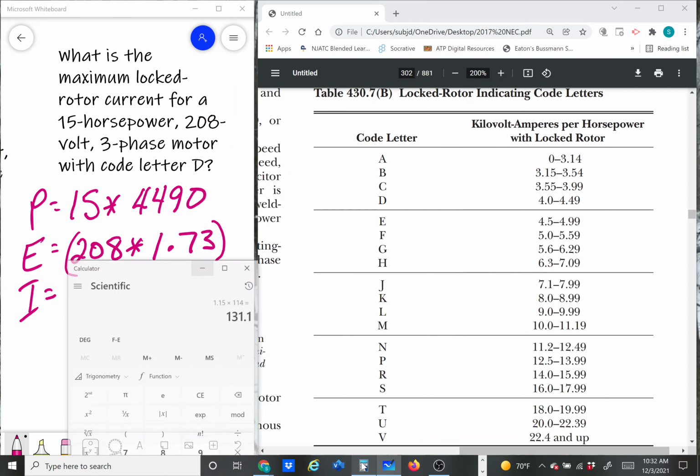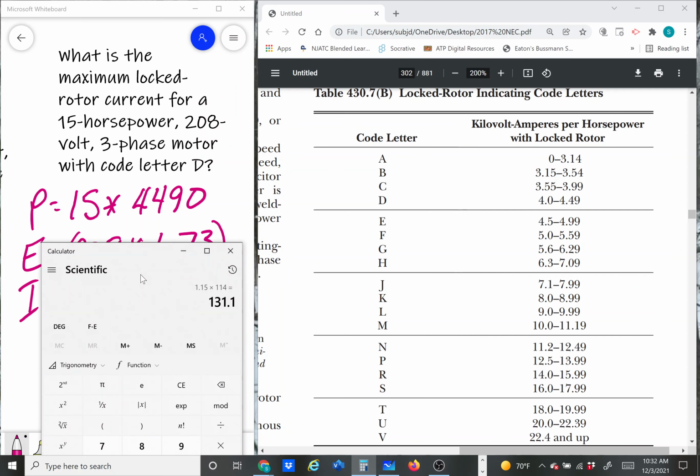all said and done, I'm going to take my 15. I lost my cursor, sorry guys. I'm going to take my 15, not on the calculator, 15 times 4490, and I'm going to divide that by 208 times 1.73.